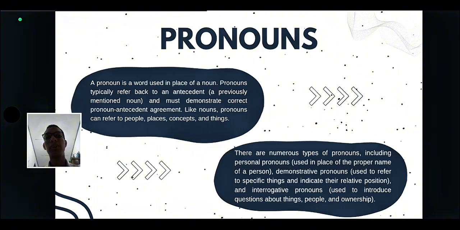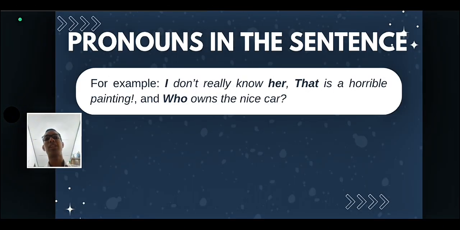There are numerous types of pronouns, including personal pronouns, demonstrative pronouns, and interrogative pronouns. For example, in the sentences: I don't really know her. There is a horrible painting. And who owns this car?